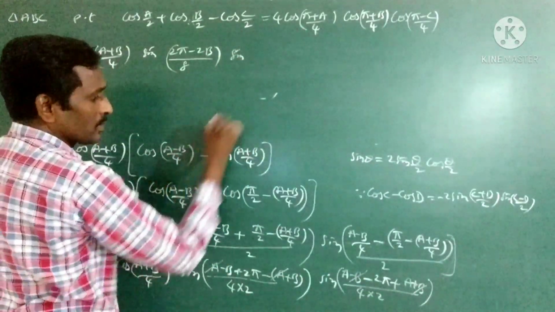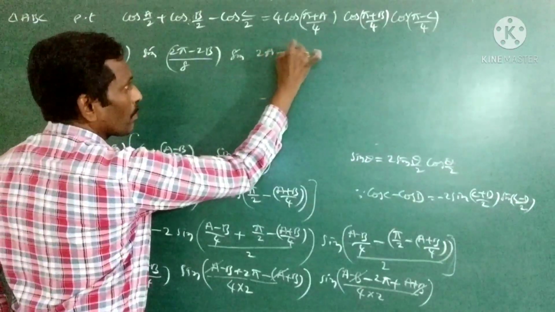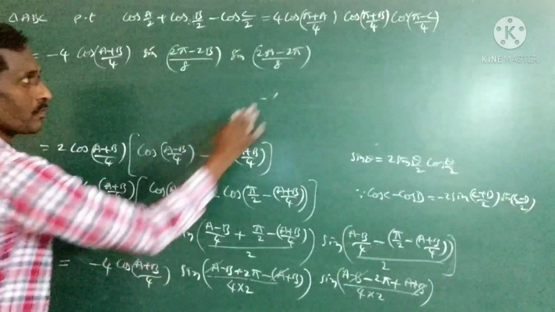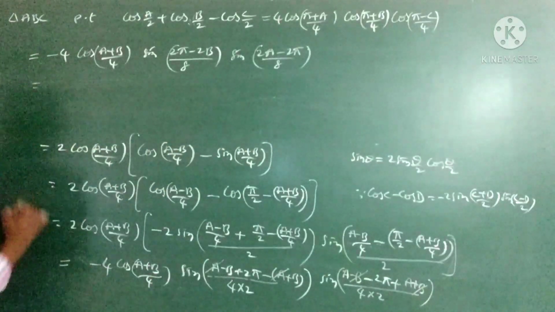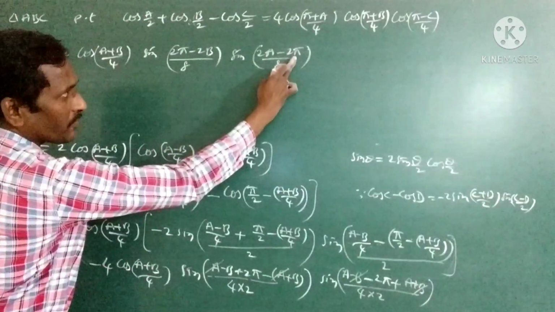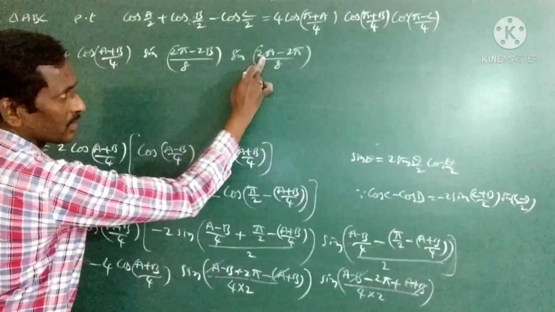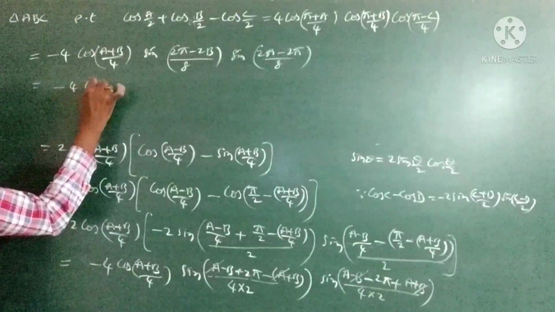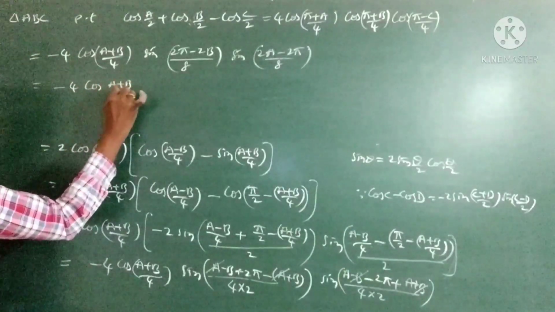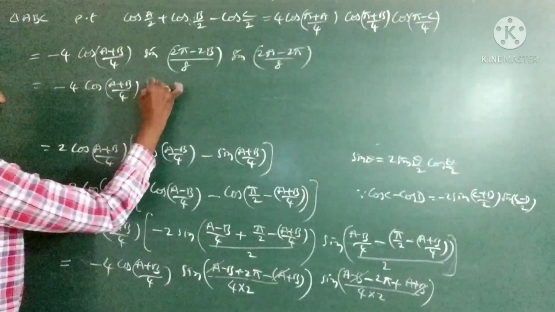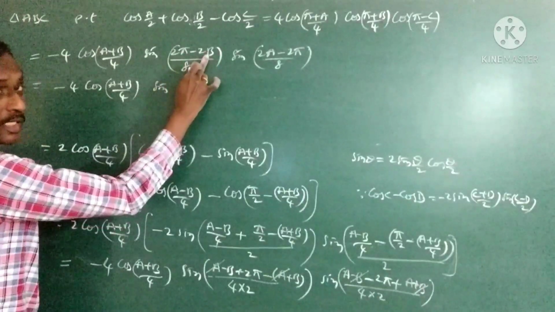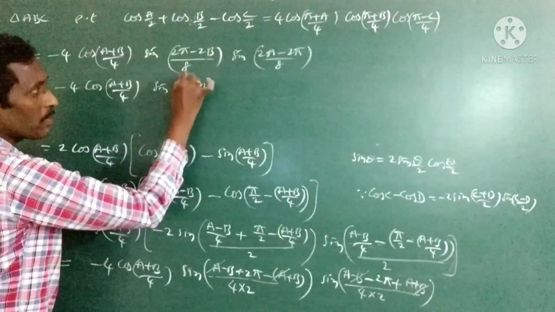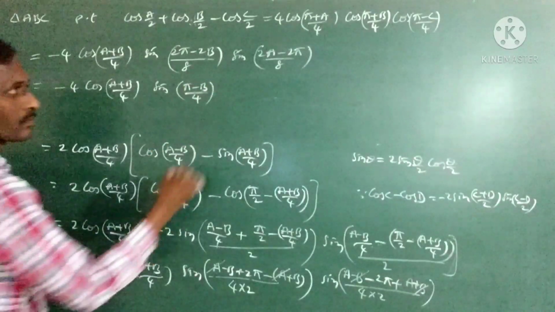Sine function 2A minus 2 pi by 8 is the value. Then after this equals to, here angle we have to write first. So minus take a common, pi minus A we can. So minus 4 cos function A plus B by 4 sine function, 2 take a common, cancelling the value with the remain, pi minus B by 4 is the value remain.